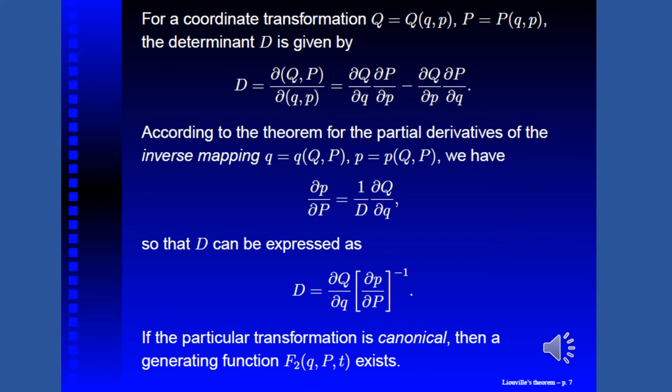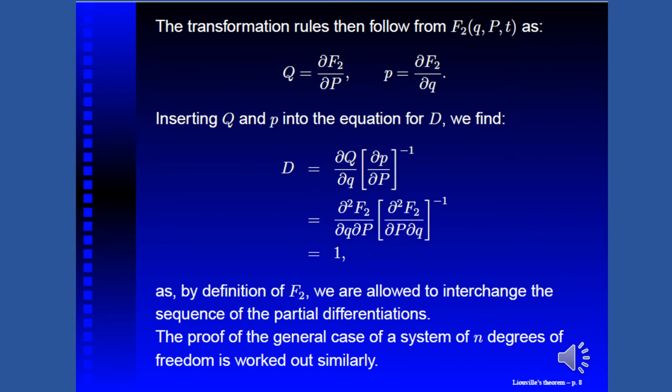If the particular transformation is canonical, then a generating function f2 of small q, capital P, and time exists. The transformation rules then follow from f2 as capital Q is equal to partial f2 over partial capital P and small p is equal to partial f2 over partial small q.